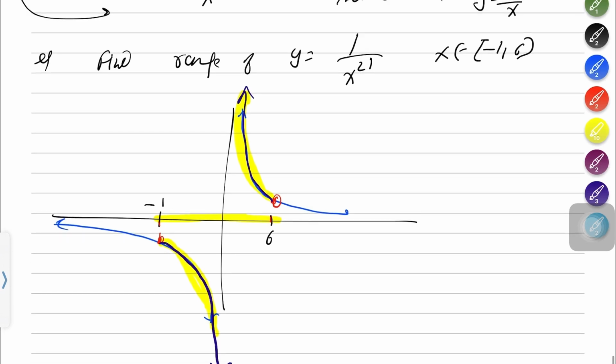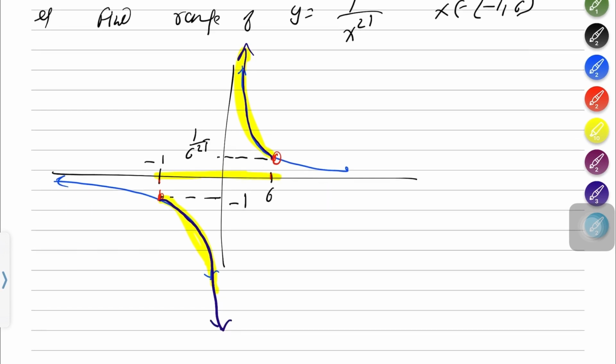Obviously we can observe here that I need not find the, okay, so what is this value at minus 1? The value is y is equal to minus 1, and at 6 the value is 1 upon 6 to the power 21. Now what is the y value? The minimum value of y is minus infinity.